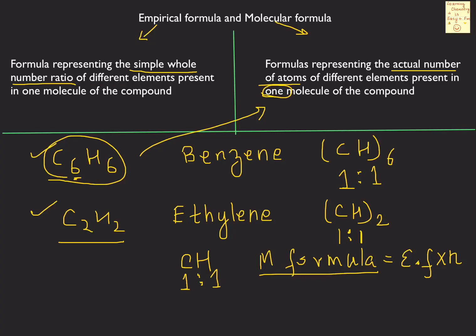At the same time, the relative molecular mass, that means the mass of the molecular formula, will also be n times the mass of the compound represented by the empirical formula, right? So we make a note of these two formulas, which will help us in determining the molecular formula as well as the empirical formula. If you've noted, we will go on to the next one.